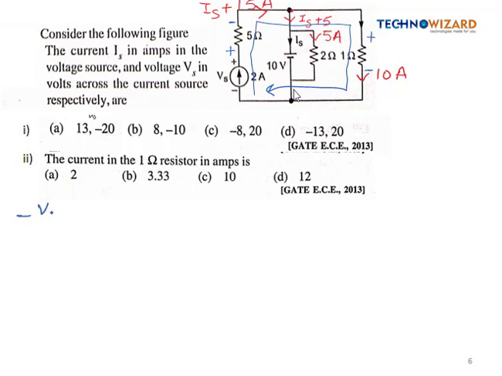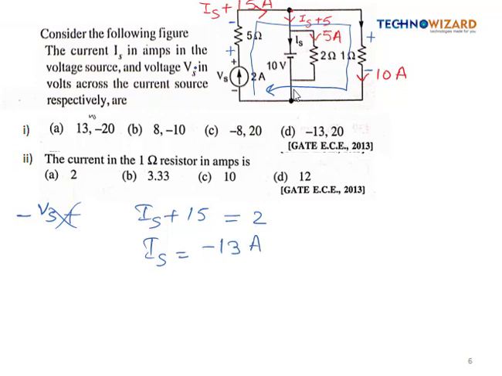It will be minus VS plus. We can also see from here that the current in this branch is IS plus 15 and here is the current source of 2 ampere. It means IS plus 15 is equal to 2 ampere. So from here the value of IS is coming as minus 13 ampere.